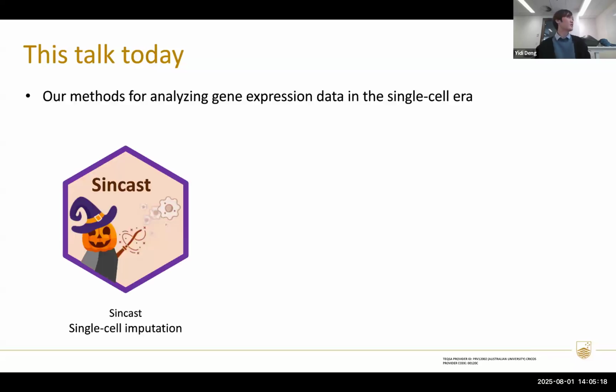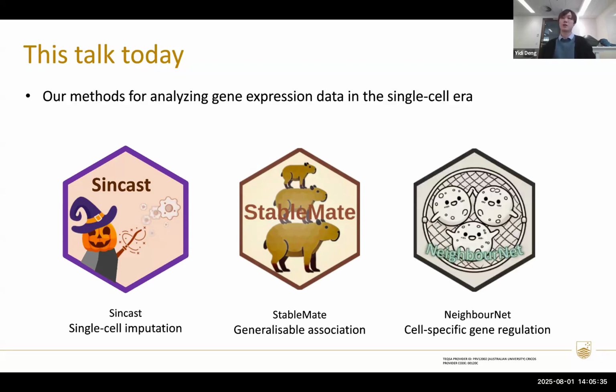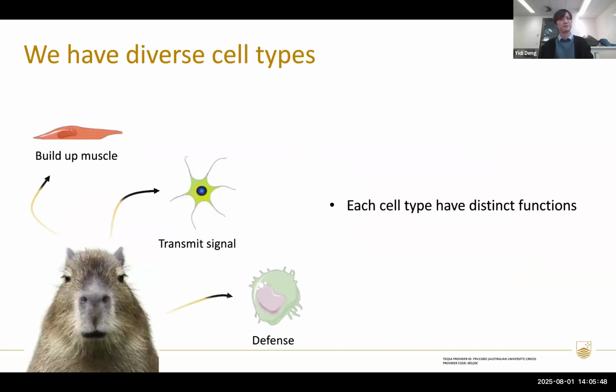We have Sincast, which is used to impute single cell data, and we have StableMate, which is used to find generalizable associations between gene expressions so that we can infer regulatory events happening in the cell. And finally, we have NeighbourNet, which is the method that we can use to infer cell-specific gene regulatory networks. You may not know what that means, but I'll talk about that later.